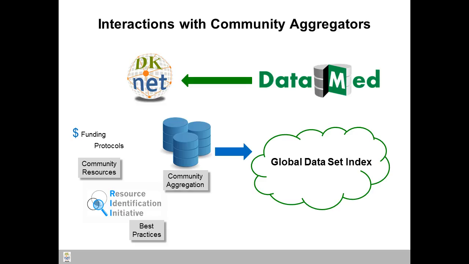Aggregators can become the transition layer to provide that additional curation on top of the resource to be able to provide that information to DataMed. And then DataMed and these larger scale resources can also feed information back through these community aggregation services. So it's definitely an interaction that benefits both the community aggregator and also the larger scale, more global services.